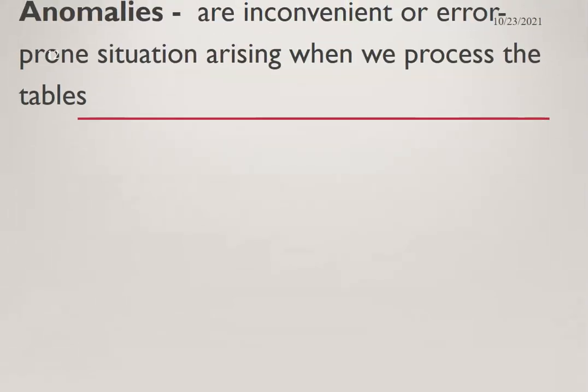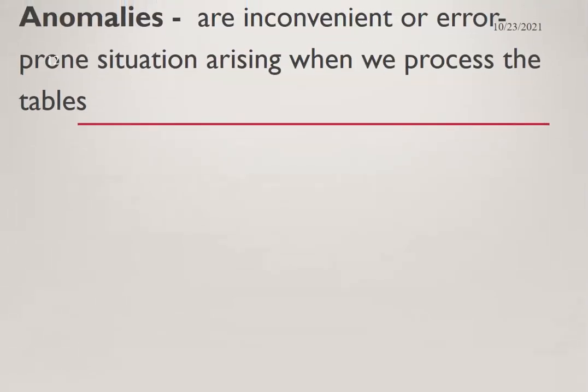So because of redundancy, these tables are subject to anomalies. Anomalies are inconsistent or error-prone situations that may arise during the process of working with the data in the database. These anomalies could be insertion anomaly, deletion anomaly, or modification anomaly.